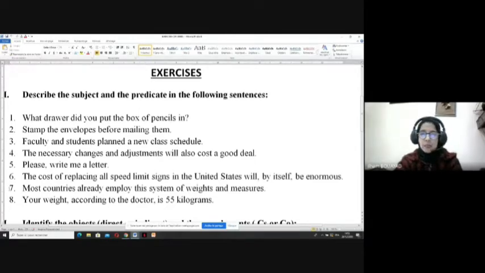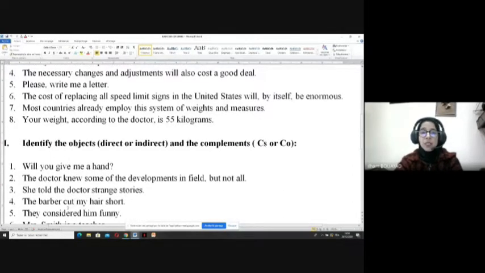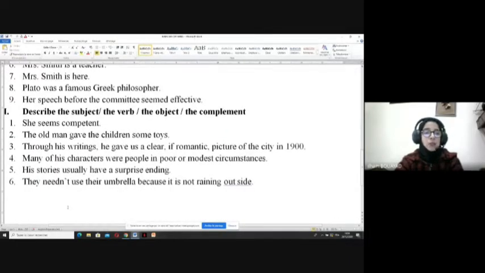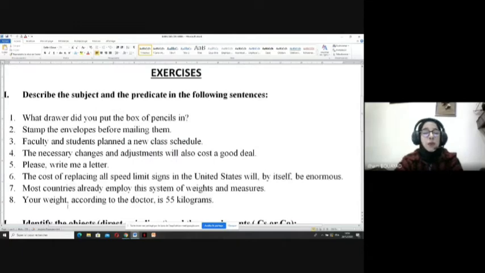That is, it tackles all the aspects that we have seen up to now, namely the subject, the predicates, the objects, complements, and the verbs at the same time. In the last exercise, you have to describe the subject, the verb, the objects, and the complements. If you understand all these and we do these exercises together, I think that you won't have a problem doing the other exercises and sending them to me.